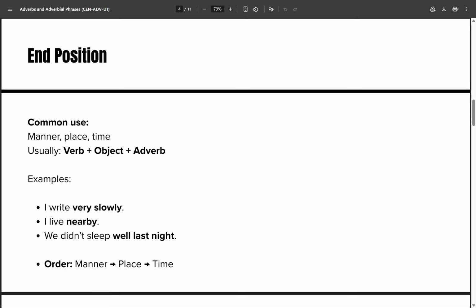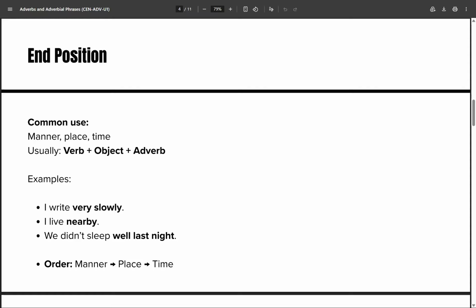So these are the single ones, right? But what if you are going to be using multiple ones, like manner, place, and time? For example, the last sentence here. Focus on that. We didn't sleep well last night. We have well as an adverb, and we have last night, which again is an adverb.